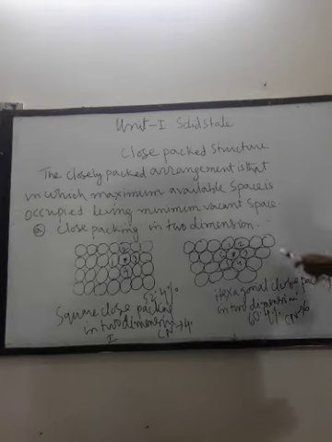In the second arrangement, the second row is in the depression of the first row, the third row in the depression of the second row, and so on. Such close packing is called hexagonal close packing in two dimension. In this case 60.4% of available space is occupied with coordination number 6.